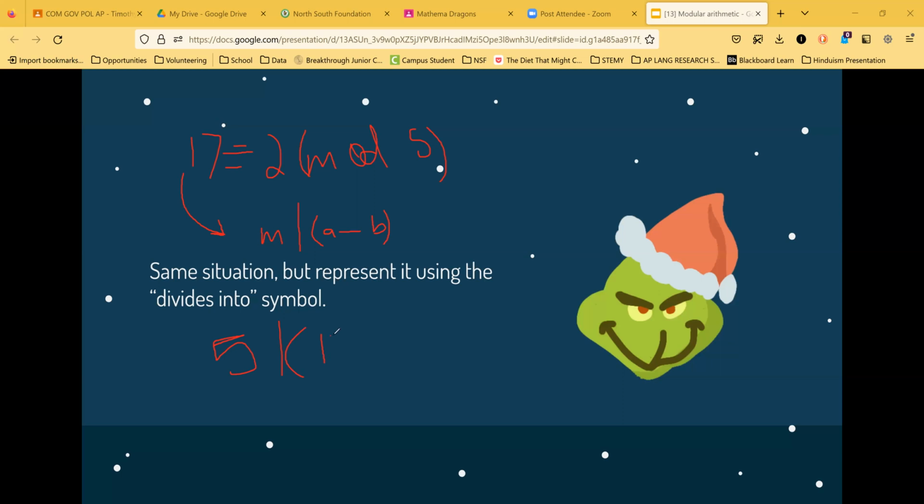So 5 divides into 17 minus 2, which means that 5 divides into 15, which we do know is true. So good job.